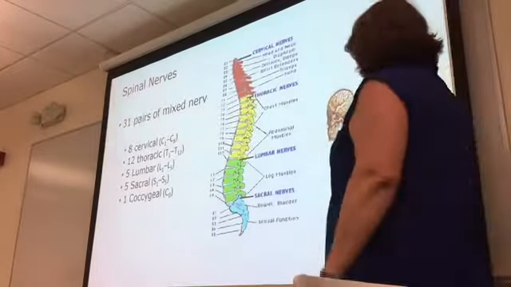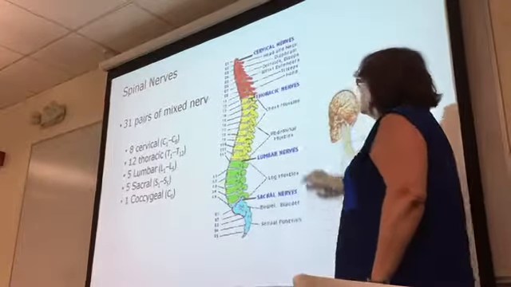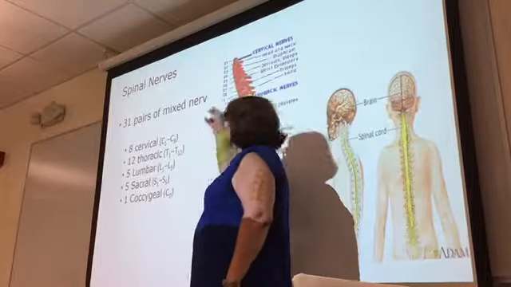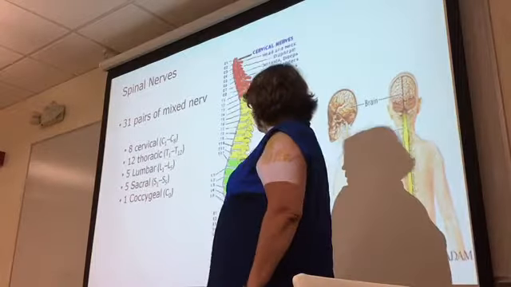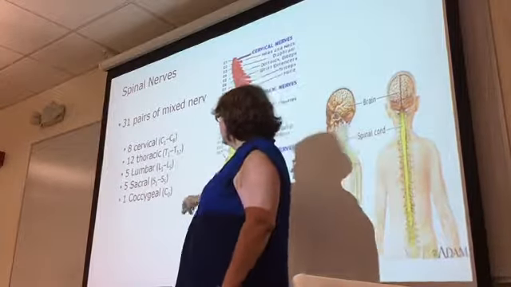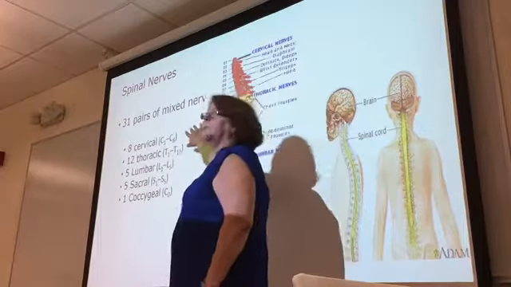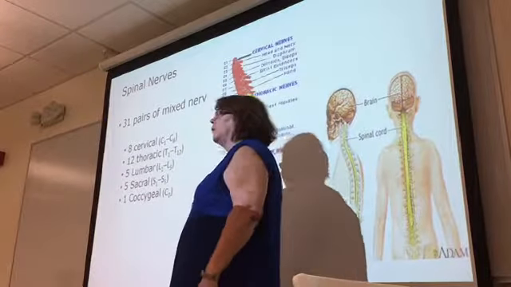Spinal nerves connect from the brain and foramen magnum, all the way down. You have your cervical, 8, 12 thoracic, 5 lumbar, and then your tailbone, the sacral and coccygeal area. So I always remember 8 o'clock breakfast, 12 o'clock lunch, 5 o'clock dinner.